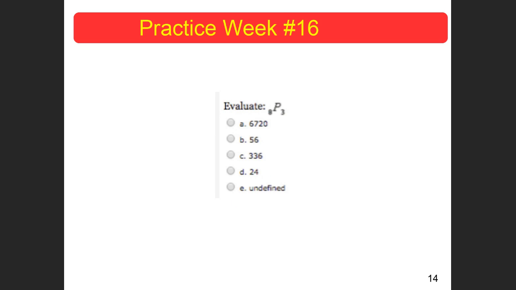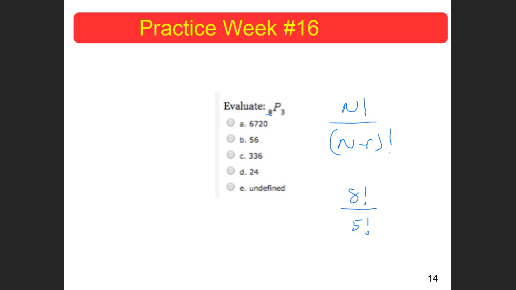The next one, it says evaluate 8 permute 3. I could use the formula. The permutation formula is n factorial over n minus r factorial. The n is always the largest number, so I would do 8 factorial over 8 minus 3 factorial, so that's 5 factorial.